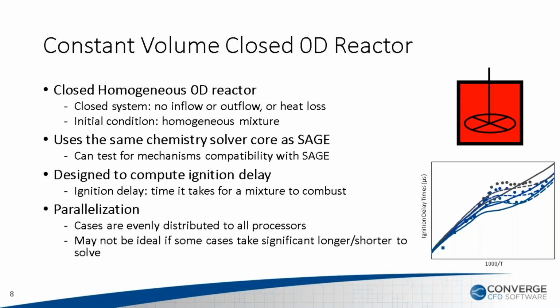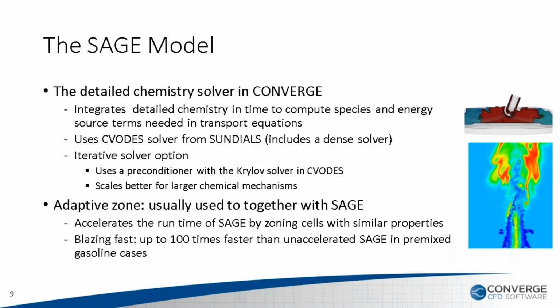It might not be ideal if some of the cases take longer to solve. You might have one core finish all its cases while the others are still working, so your runtime might be longer than what it could have been. Shown here is also some ignition delay time data that you can compare with experiments.